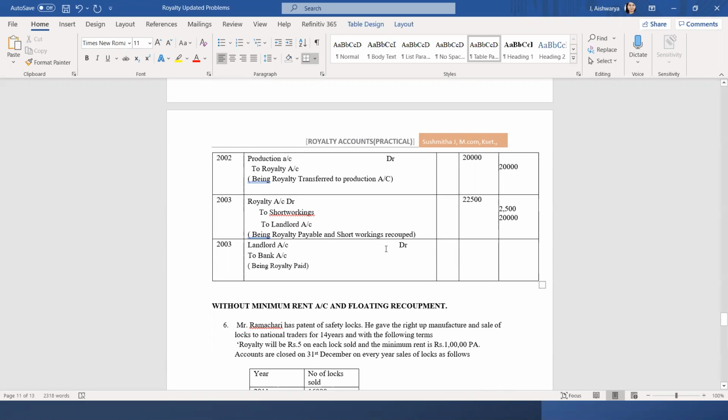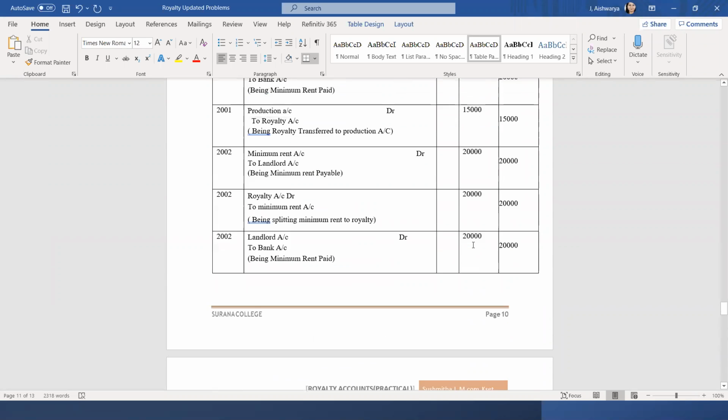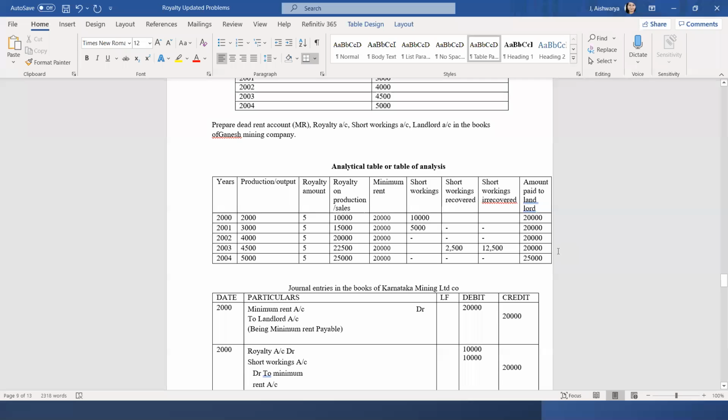How much has he paid in 2003? He has paid 20,000, right? So 22,500 he has earned, as he had short workings, and just paid the landlord 20,000.